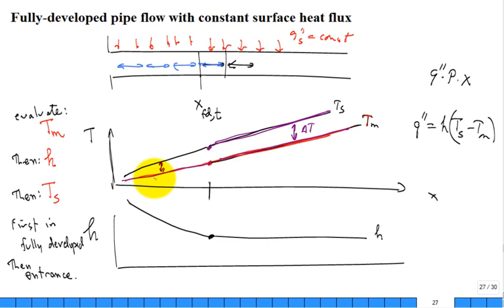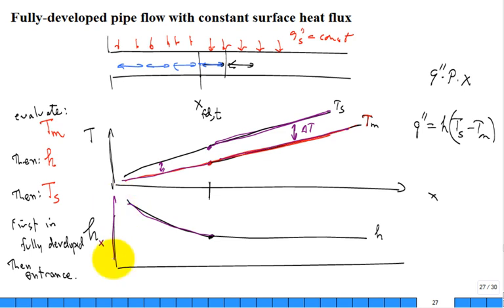Why? Because the local h, the local convection coefficient, is higher. The temperature profile is more severe and the velocity profile is more severe at the wall. So you have a lot higher h.